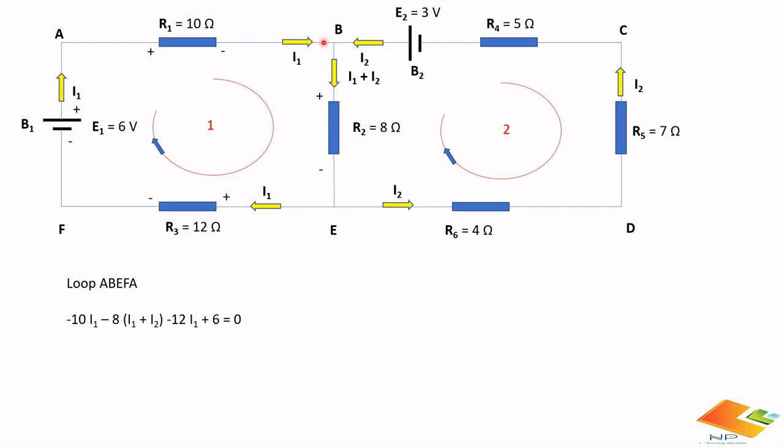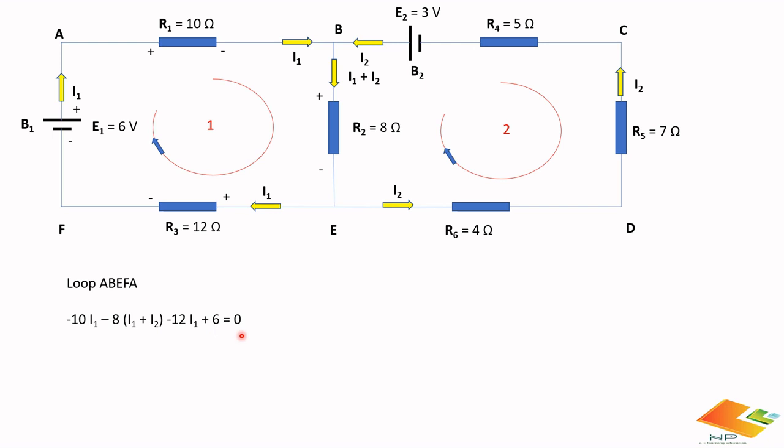Then it goes through the R2 resistor, whose value is 8, and the current flowing is I1 plus I2. After that it goes through minus 12, resistor 3, with current I1, so minus 12 I1. After that we go through battery E1, where it is a voltage rise, so we take plus 6 equal to 0.